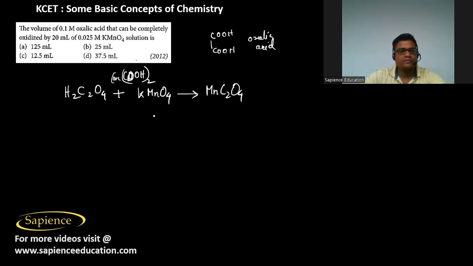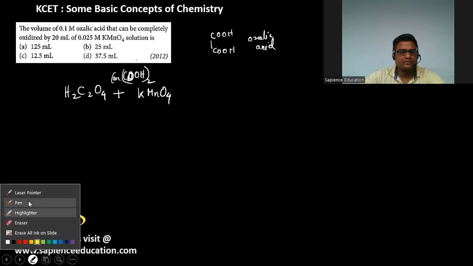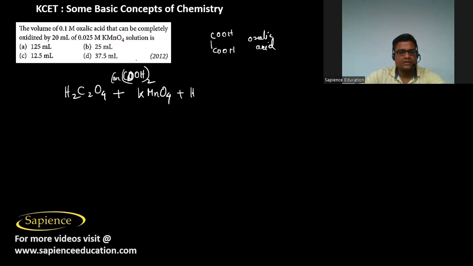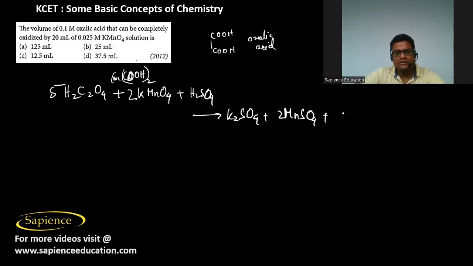So here sulfuric acid is also added. H2SO4 plus 5H2C2O4 plus 2KMnO4 will give K2SO4 plus 2MnSO4 plus 10CO2 plus 8H2O.